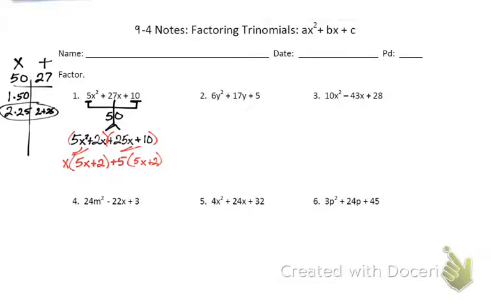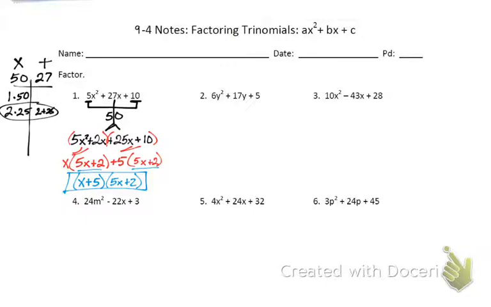The two pieces that got factored out, x plus 5, and the binomials that were left over the exact same, 5x plus 2. So there is the factored form of problem number 1. And again, you can always double check this by foiling that answer. Taking x times 5x gives you 5x squared, so on and so forth, and check it using FOIL.